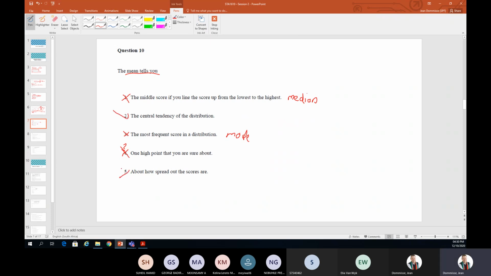I would also have gone for option 2, and why I say that is, if I ask you the question about central tendency, then you would also say mean, median, and mode.